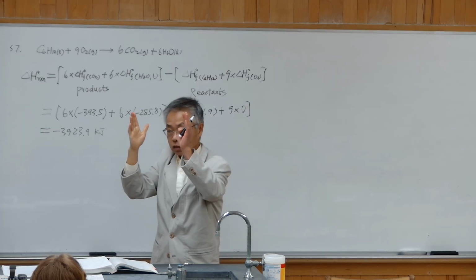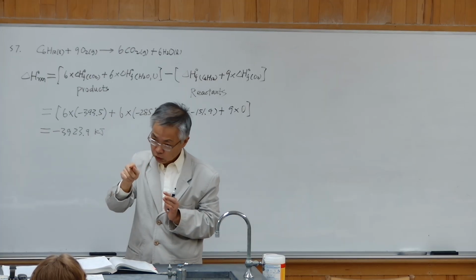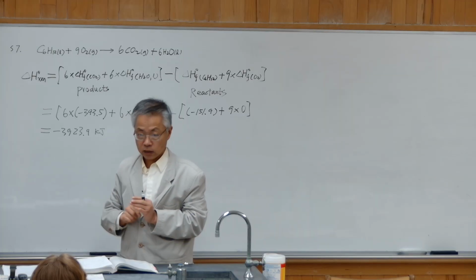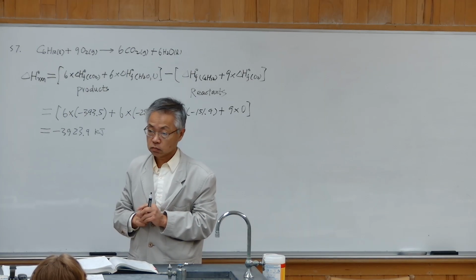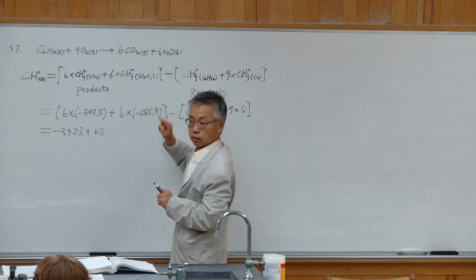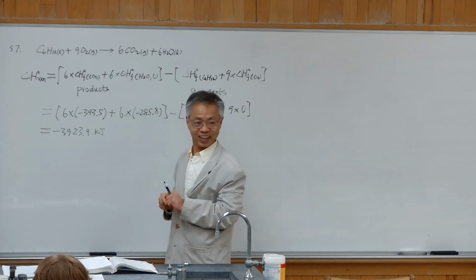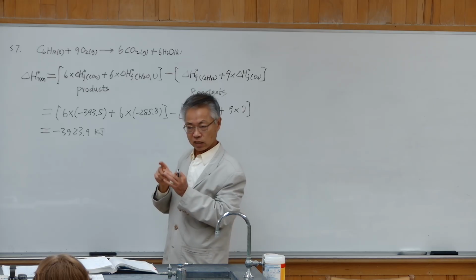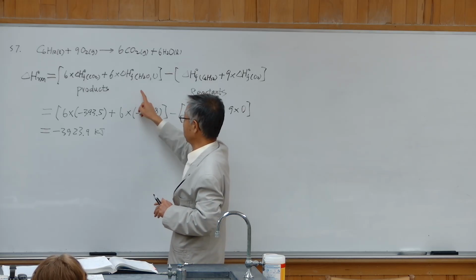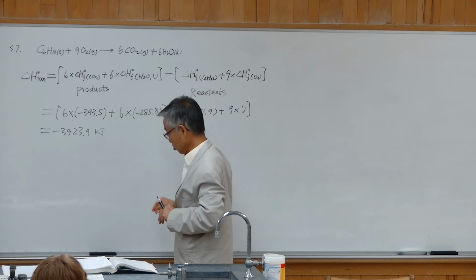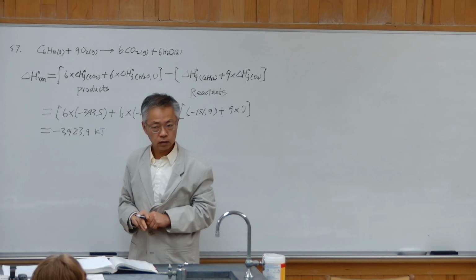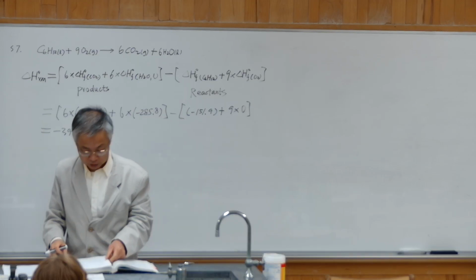If you take a look at the table provided, for water, one is liquid, one is gas, listed as G. So you need to use the value listed as L, liquid water. Gas water and liquid water are different states, so they have different values of standard enthalpy of formation. Any other question? If no, we have another.